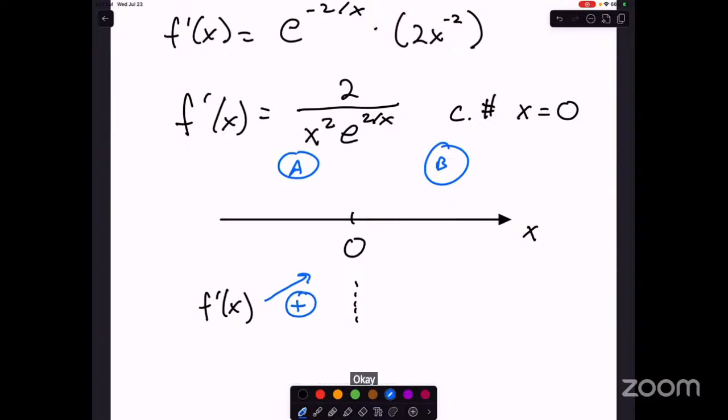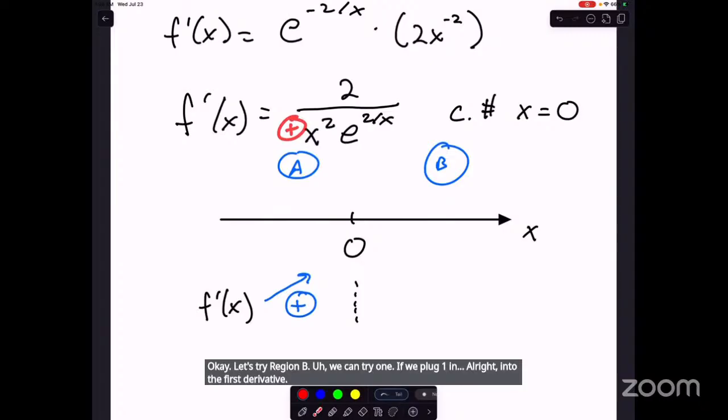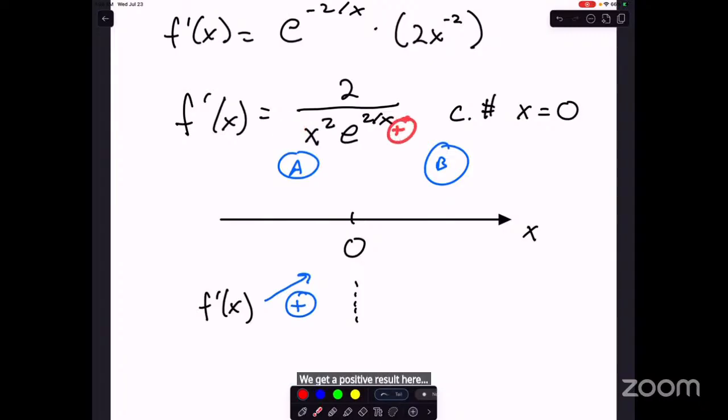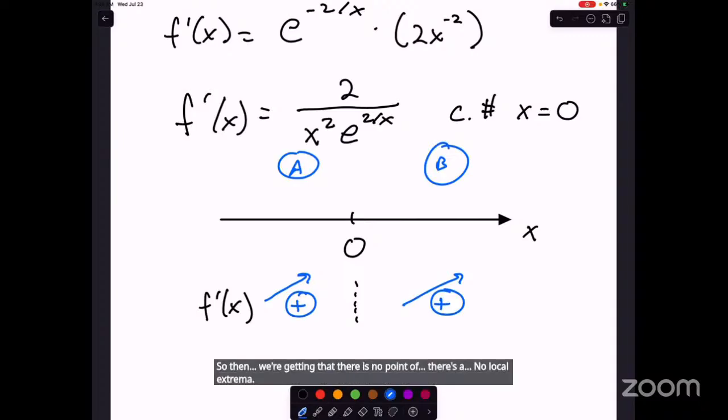Let's try region B. We can try 1. If we plug 1 into the first derivative, we get a positive result here, positive result here. Everything is positive, so I get that it's increasing there as well. So then we're getting that there's no local extrema.